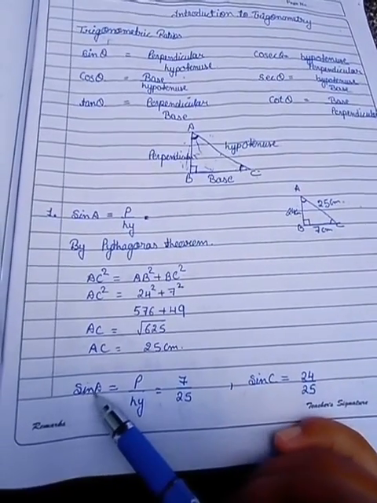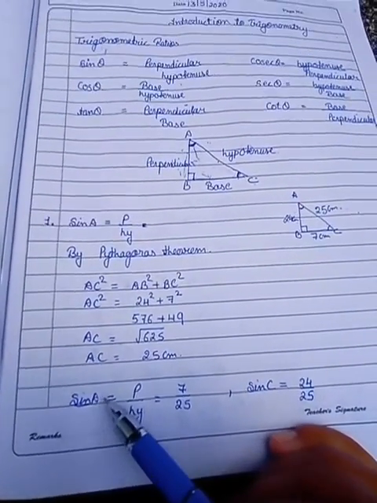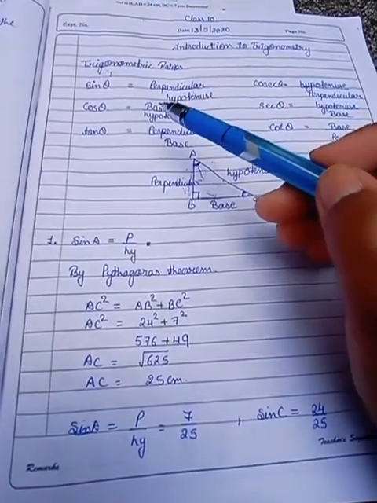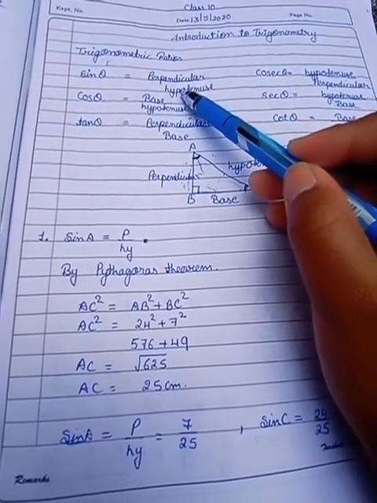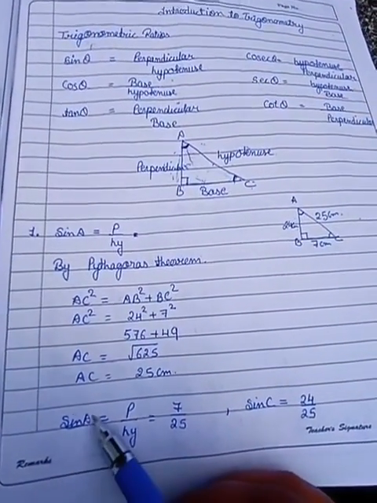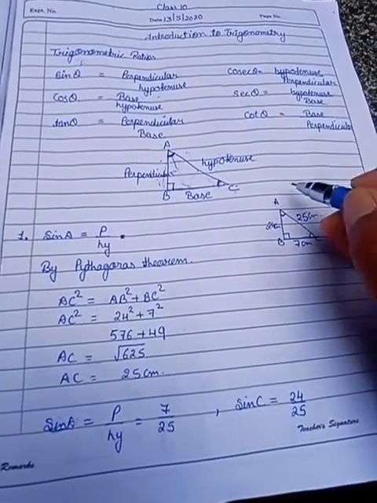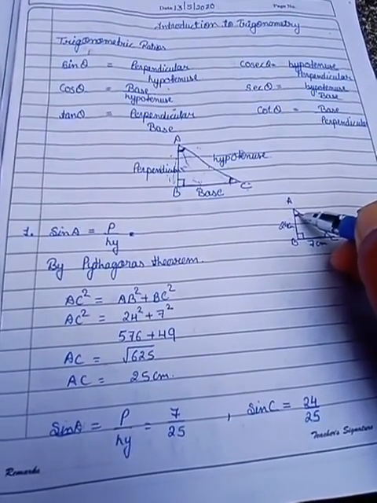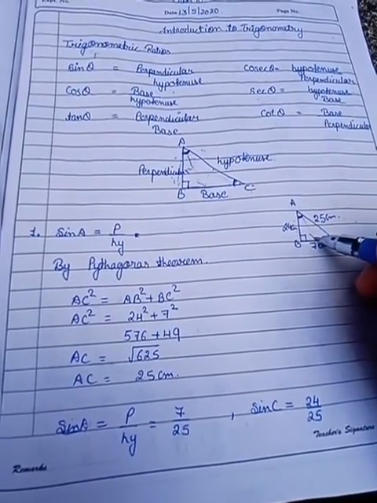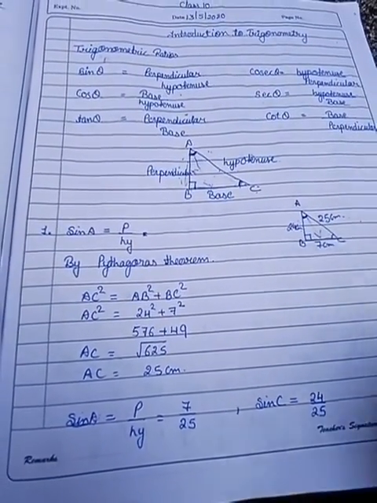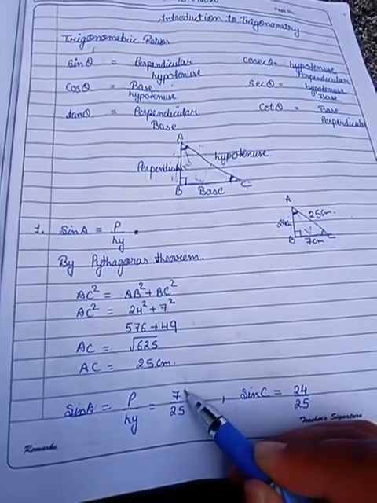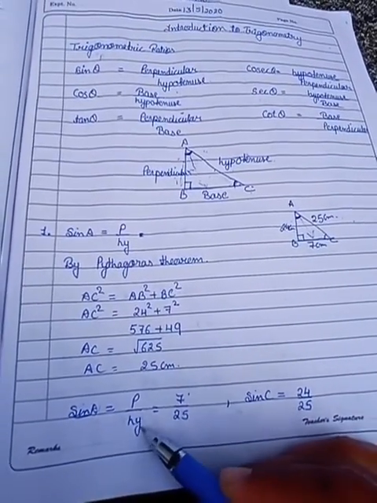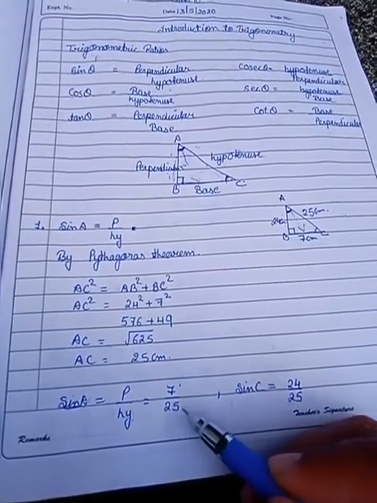Now they ask sin A. For sin A, we know the value is perpendicular upon hypotenuse. As they are talking about A, for this A the perpendicular will be the opposite side, that is 7. So here I have taken 7 in place of perpendicular, and hypotenuse is 25.